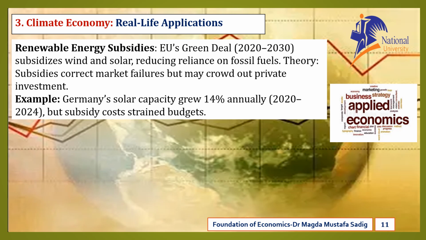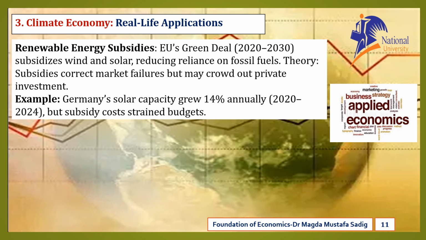Another real-life application: renewable energy subsidies, balancing costs and benefits. In this section, we focus on how governments use renewable energy subsidies to fight climate change and reshape energy markets. Case: the European Union's Green Deal, 2020-2030. The EU's Green Deal promotes a shift from fossil fuels by subsidizing wind and solar energy.